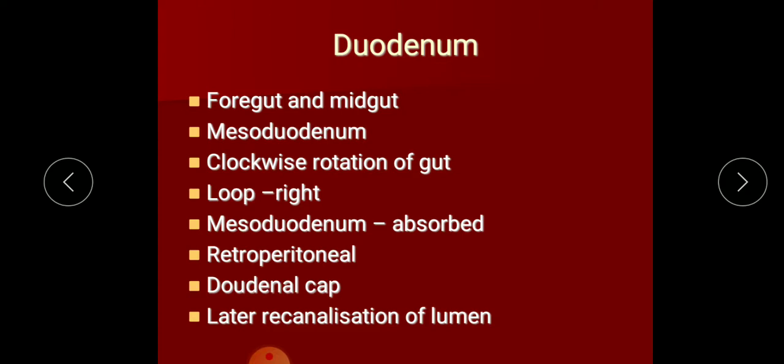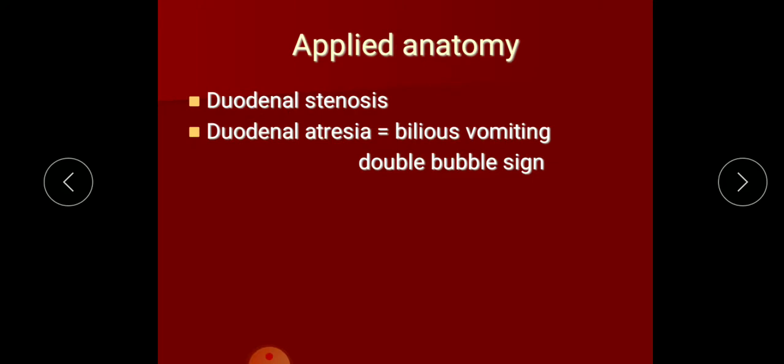Fine. Initially you find the obliteration of the lumen by proliferating endodermal cells. Later you find the recanalization of the lumen so as to form a well formed lumen. So if anything affects this recanalization process, it often leads to duodenal atresia or duodenal stenosis. These are the two applied aspects that you should remember.